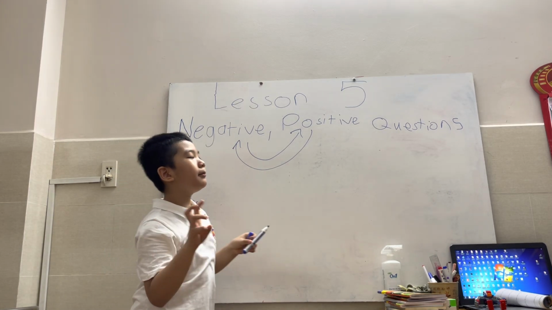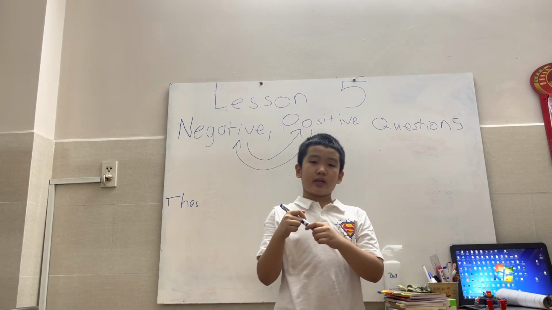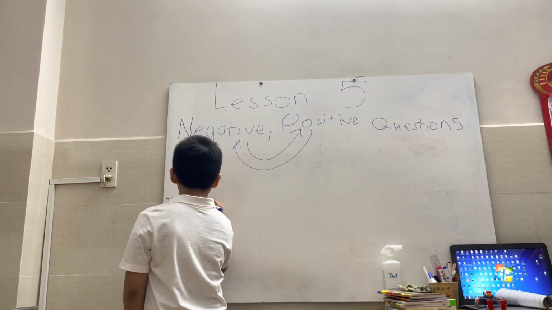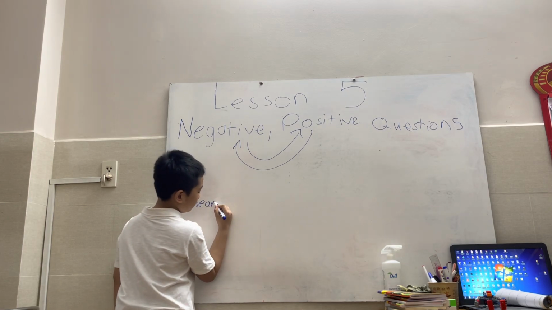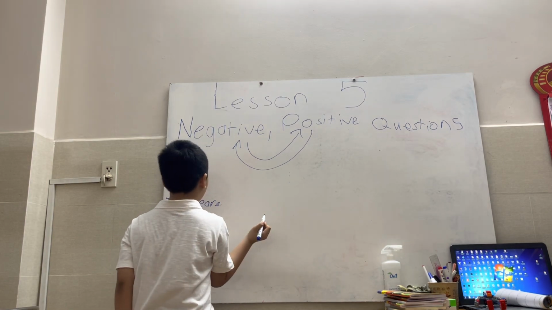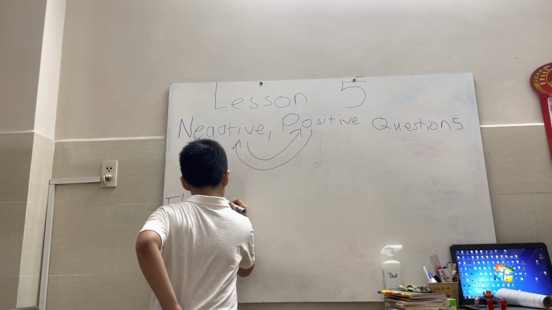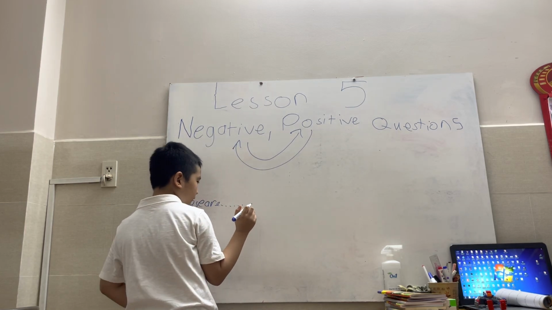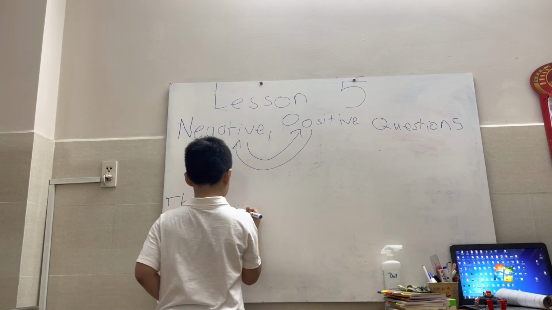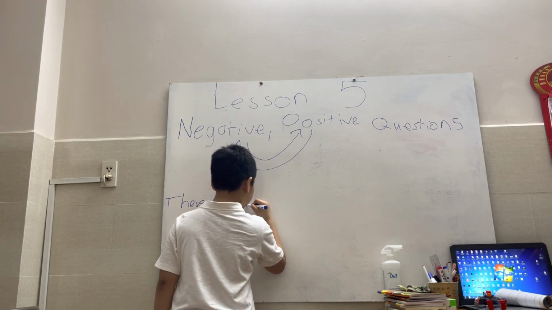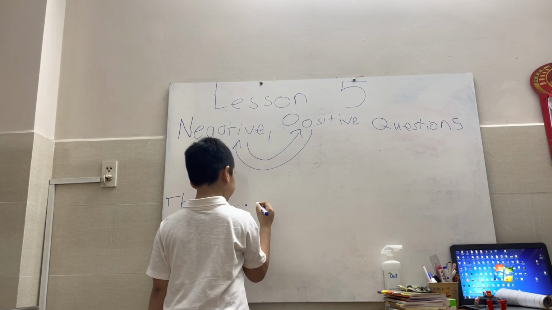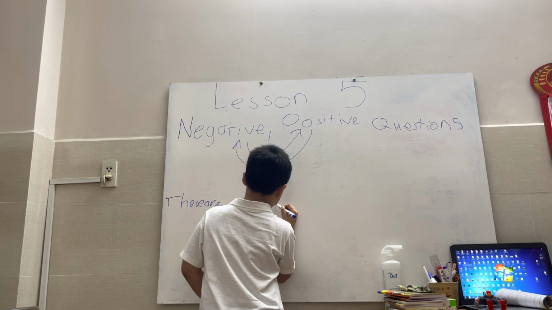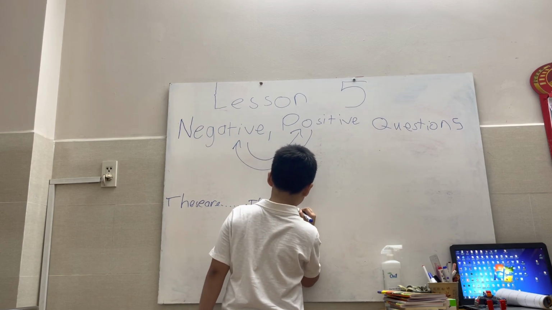There are three main words for positive. It is am, is, and are. These will go with are. Those will go with are. These are. You can fill in the blank by yourself. And this is the big period. They are.